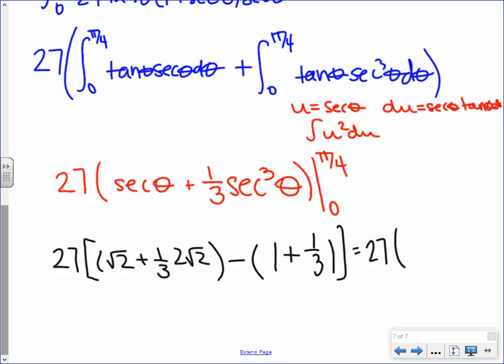Okay? So help me out. Do we have 5/3 radical 2 minus 4/3?